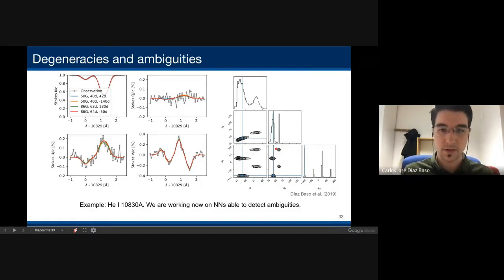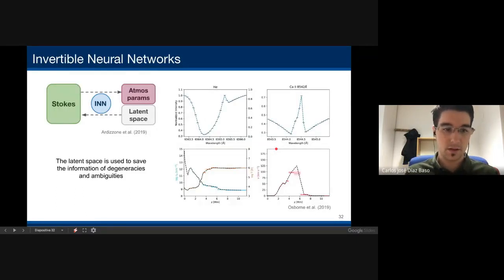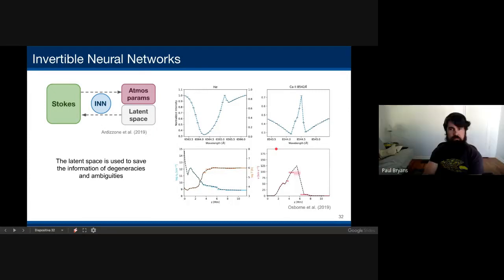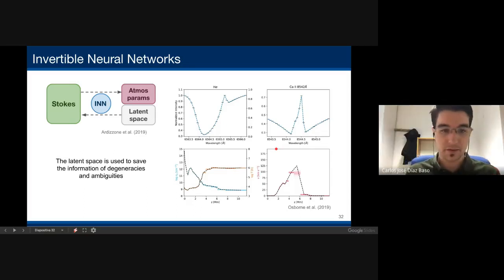So this is one of the methods based on a Bayesian framework that tries to deal with the whole parameter space and capture the information of the degeneracies and the ambiguities.